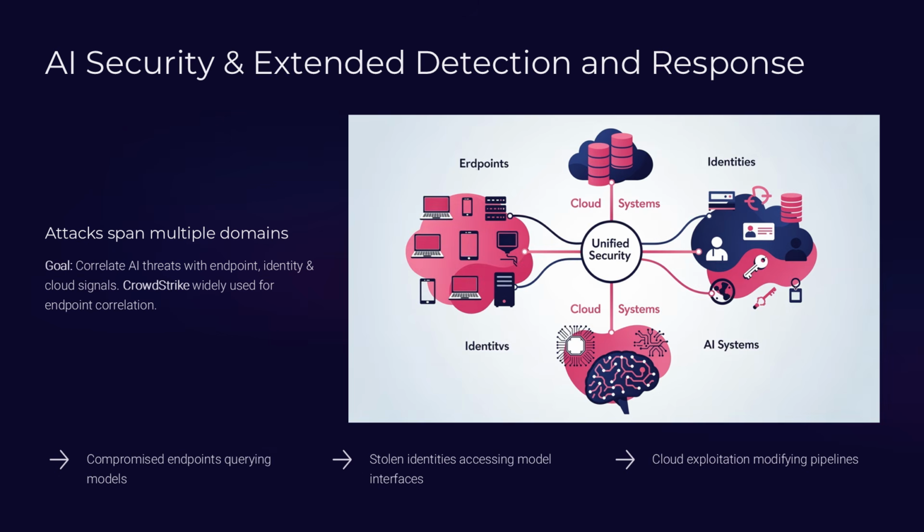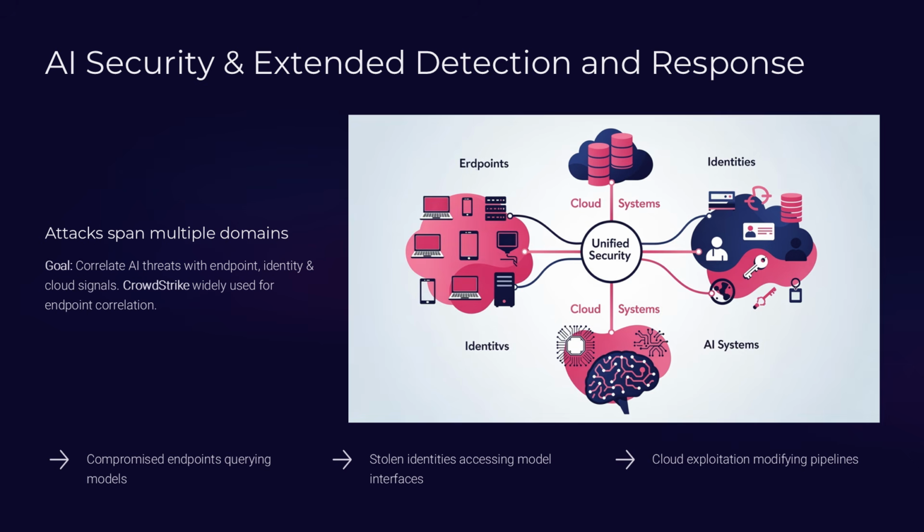Now that you understand centralized detection, let us align artificial intelligence security to extended detection and response platforms. Extended detection and response integrates telemetry across endpoints, identities, cloud workloads, email, and applications to detect coordinated attacks. Artificial intelligence systems are not isolated.